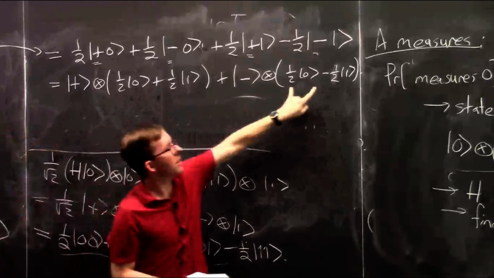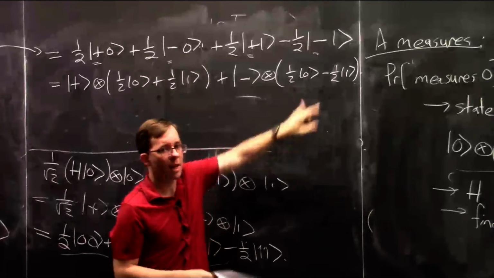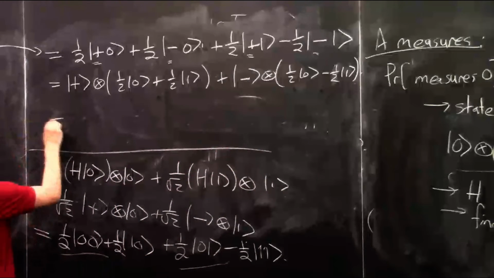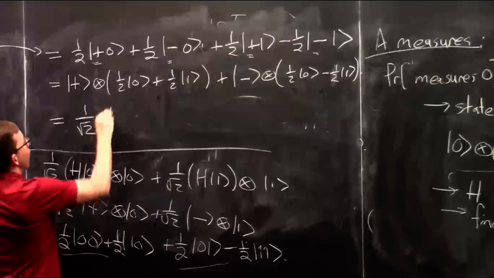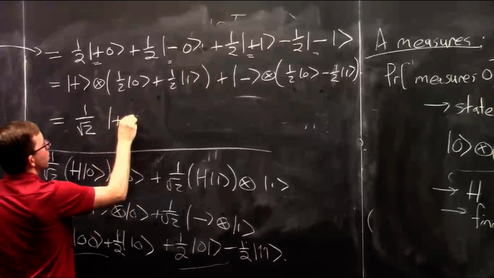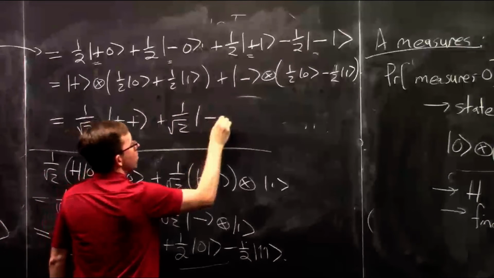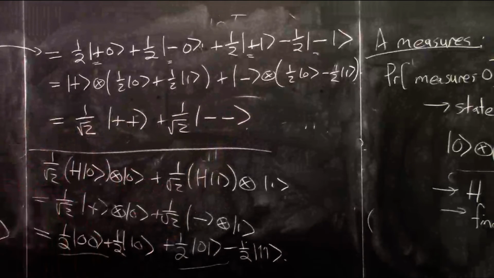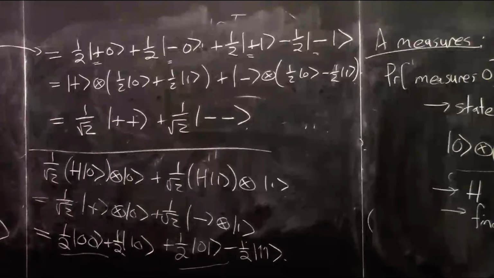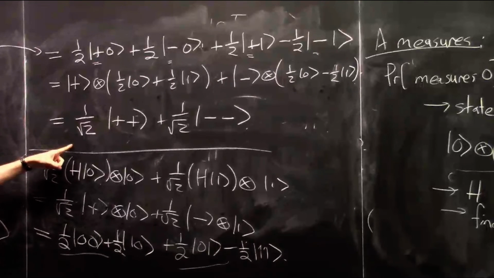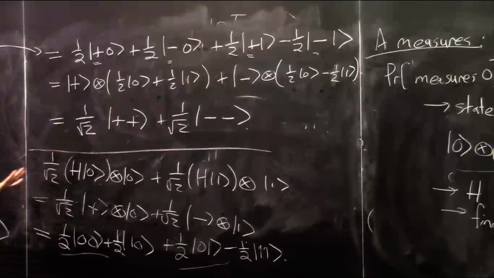And this is basically the ket minus state times 1 over root 2. So this equals 1 over root 2 |++⟩ plus 1 over root 2 |−−⟩. So what we've seen by algebra is that this vector is literally the same thing as this vector.